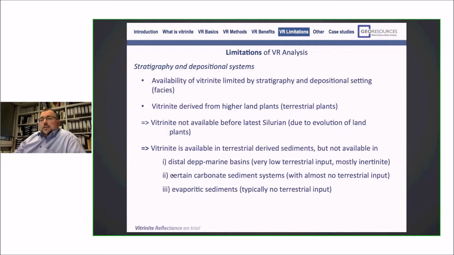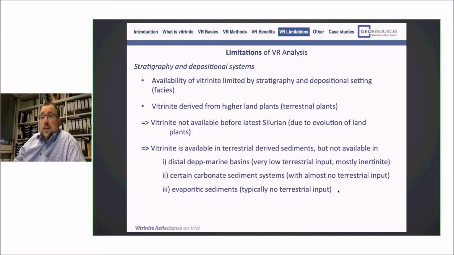The second is certain carbonate sediment systems. Quite a number of carbonate sediment systems are where we have no or almost no terrestrial input. So we also have no plant input and no vitrinite input, and therefore vitrinite reflectance cannot be used. And then all evaporitic sediments, where we typically have no terrestrial input, all these sediments are out of use for vitrinite reflectance.